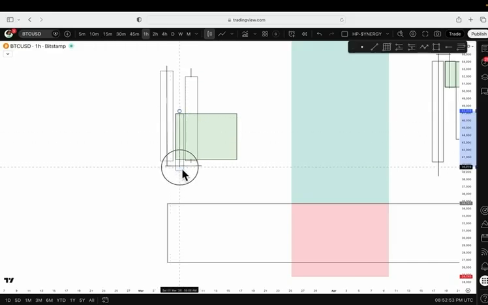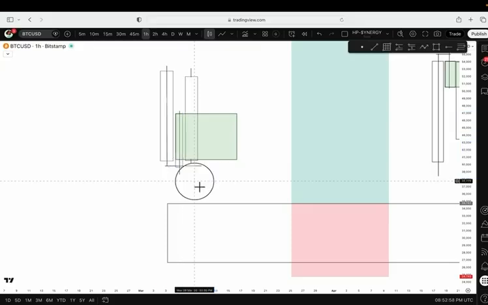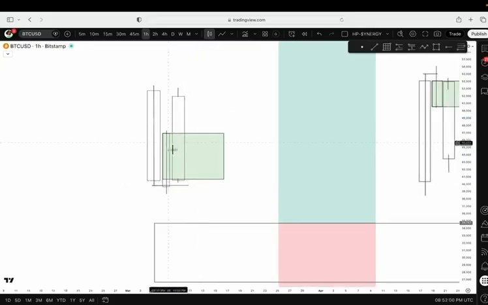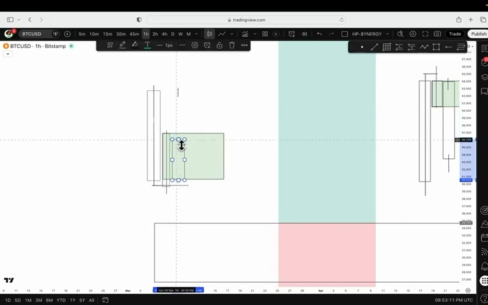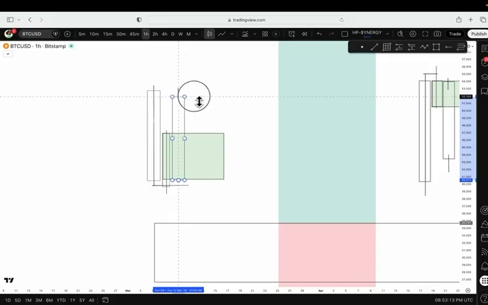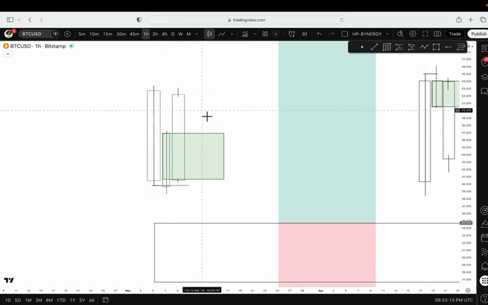Then the next candle has to close above it with the body of the candle. This one is not like before where we used to say it can be body, can be wick. No, it has to compulsorily be the body. It has to close in the body of the candle.